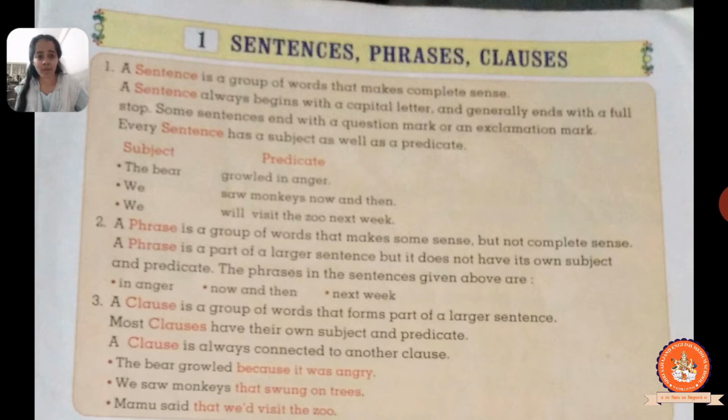It doesn't have any subject, nor does it have any predicate. Next, phrases in the sentences given above are: in anger, now and then, next week. These are examples of phrases.